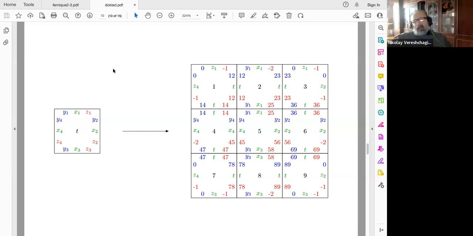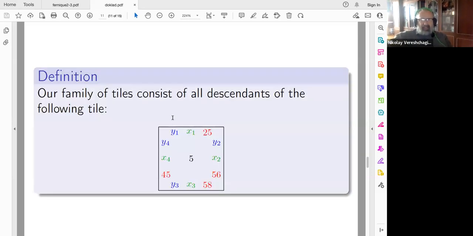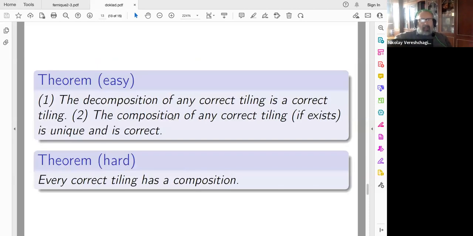But that's a common thing. We consider super tiles. First of all, this is stated here explicitly. Theorem, the first easy theorem has two items.